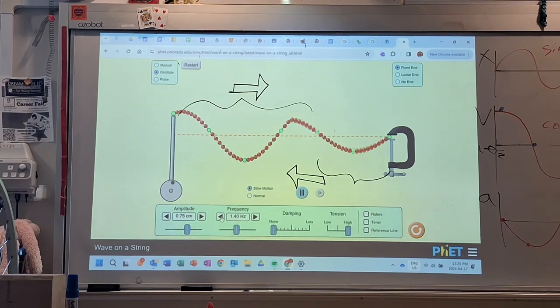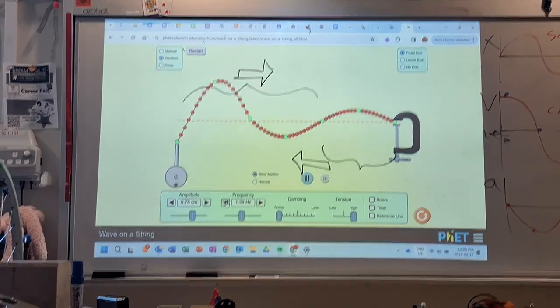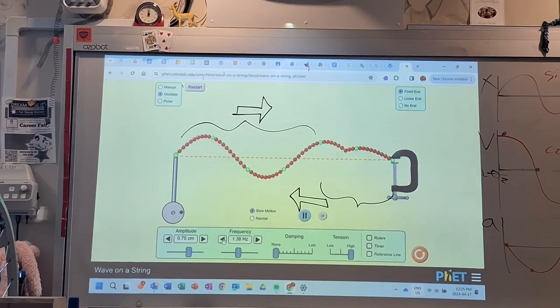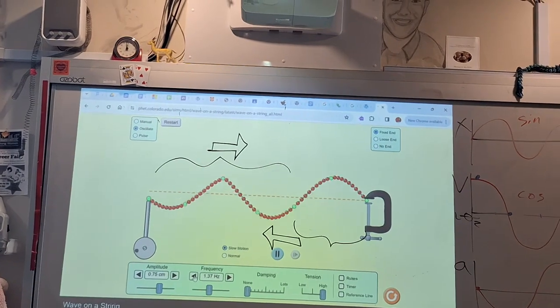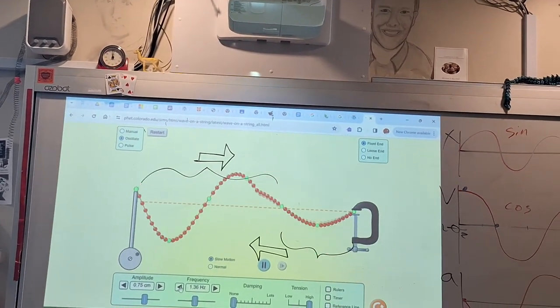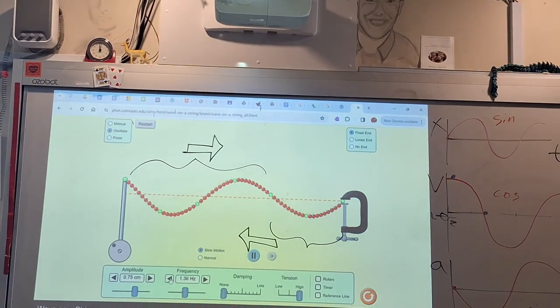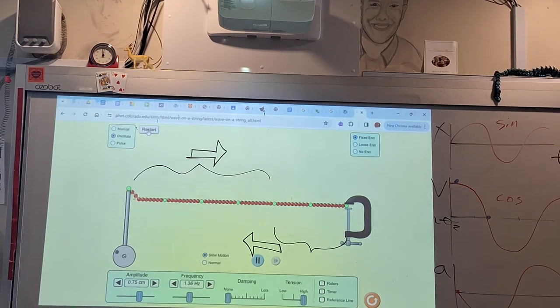Is that closer or worse? Oh, well, that's close. You might be better off doing a pulse, because then it does one and then it goes. That's really close. I'm going to just restart this.